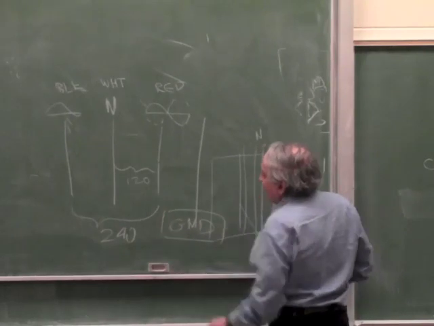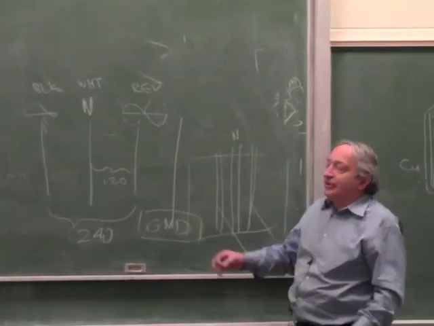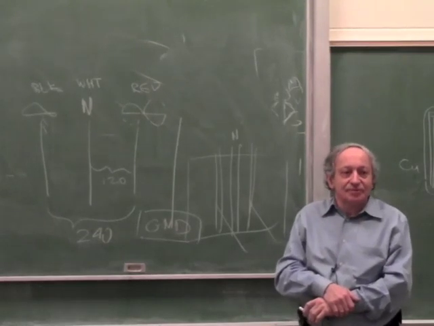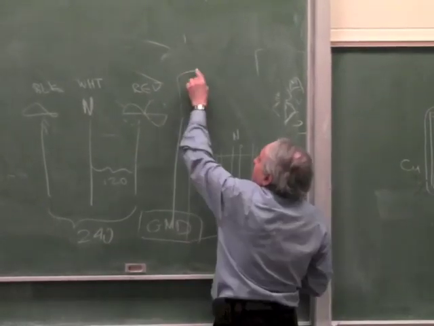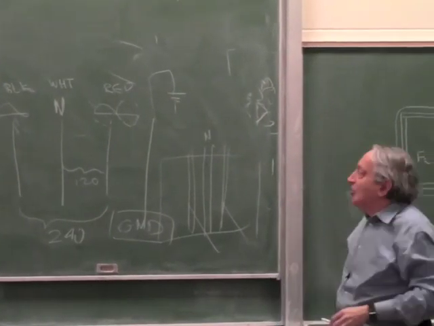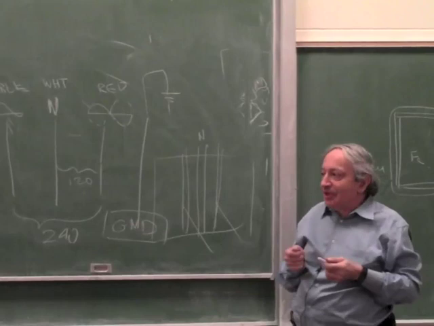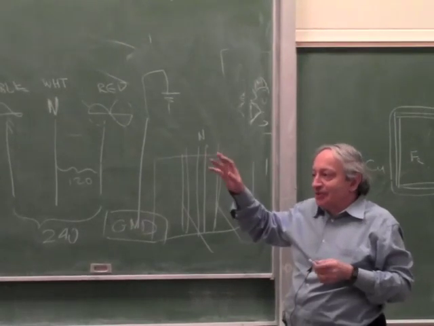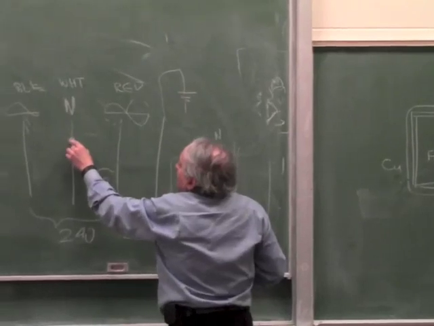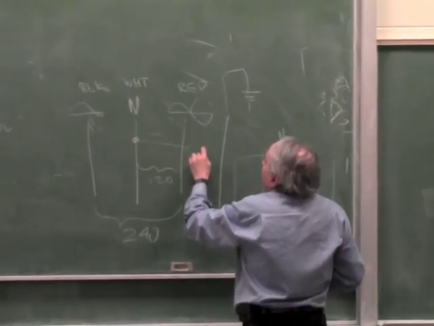What is this ground wire connected to? To ground, yeah, basically, somewhere to a pole, to a pipe in the ground. Now, let's say the house is not powered, and you take an ohmmeter and measure between the neutral and the ground.